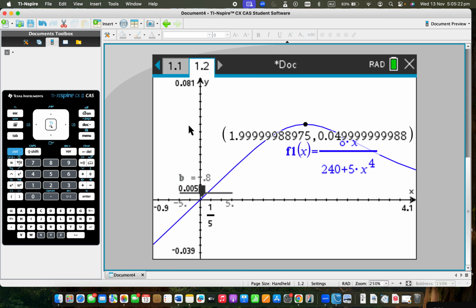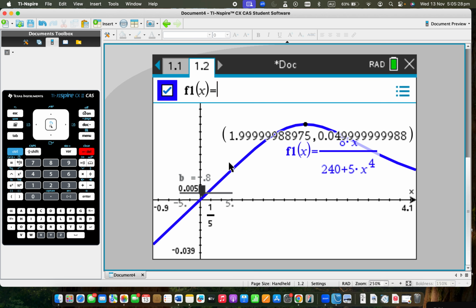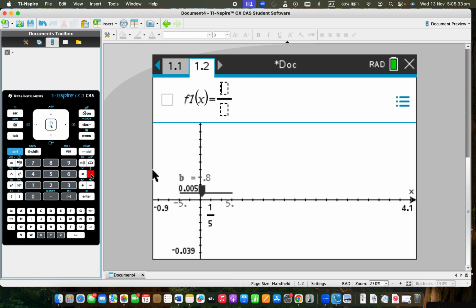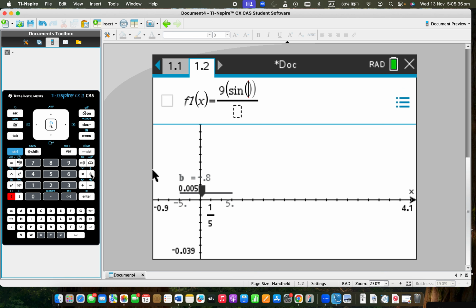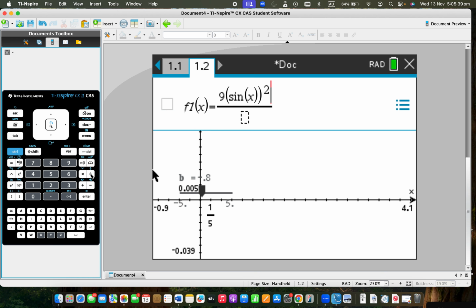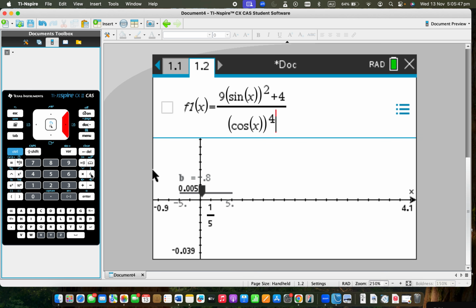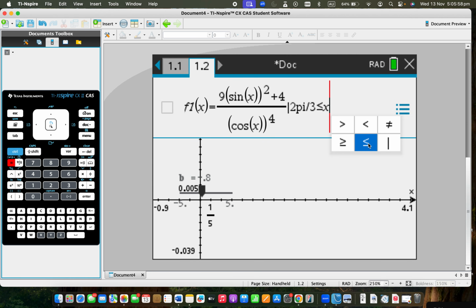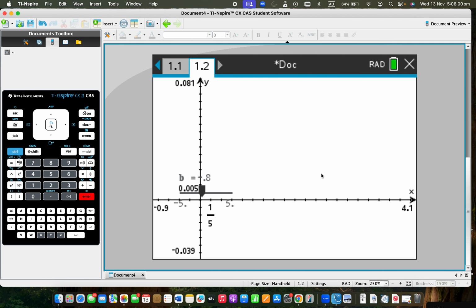So I'm just going to sketch this speed: 9 sine x squared plus 4 over cos x to the power of 4, but 2 pi over 3 is less than or equal to x, which is less than or equal to 4 pi over 3.